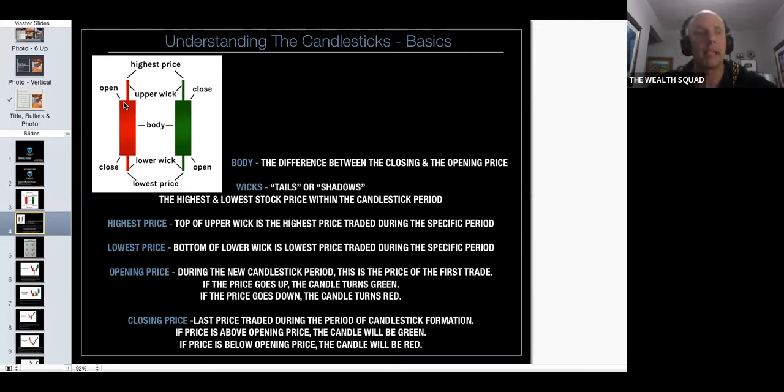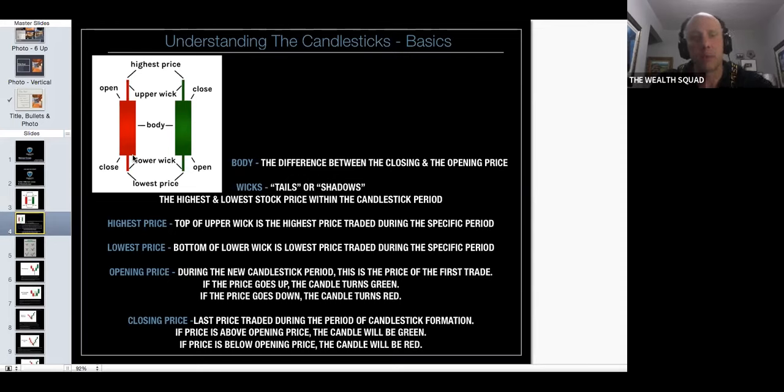Whatever trade takes place at that flip mark, the market opening, the market closing, 15-minute, 30-minute, whatever, that's going to be what that price is. And the closing price is going to be the last price traded during the period of the candlestick formation. Again, it's all relative to whatever time frame you're looking at, right? It all switches, but it's going to be the last price that was traded when the market closed.